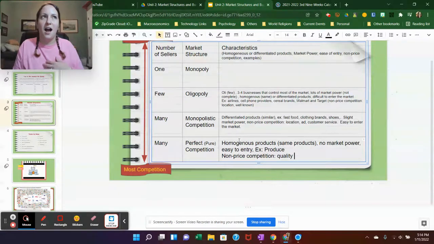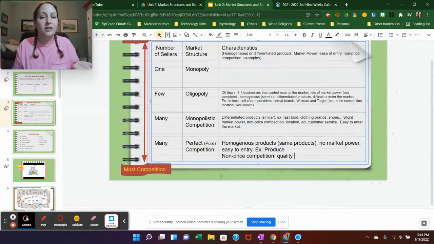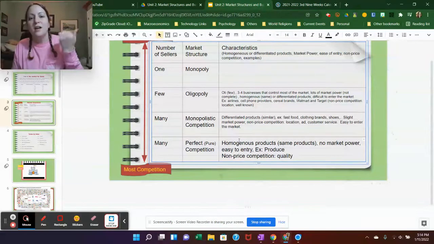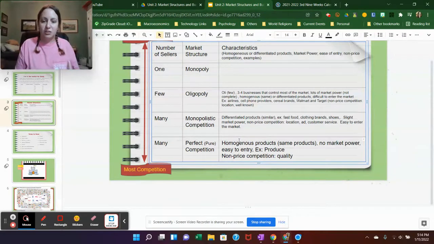If one is cheaper, but it's all dented and rotten, I'm probably going to go with a more expensive one that is not. So I guess that's one way to compete, by freshness. Milk is an example too. I know that some people are really picky about their milk, but they're like, I only get this. Okay, but one example is also gasoline.